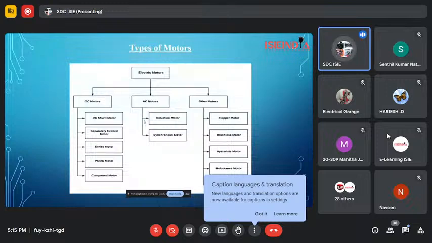We have made a new motor called the PMSM, permanent magnet synchronous motor. It's the most preferable motor used in electric four-wheelers like Tesla, because it's highly efficient and the torque generated is very linear and of very good quality.